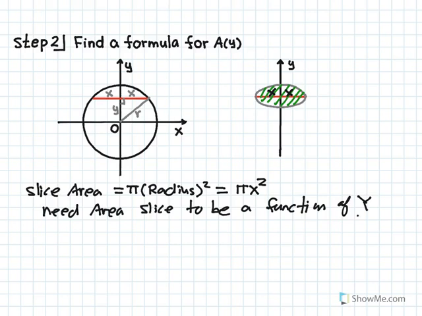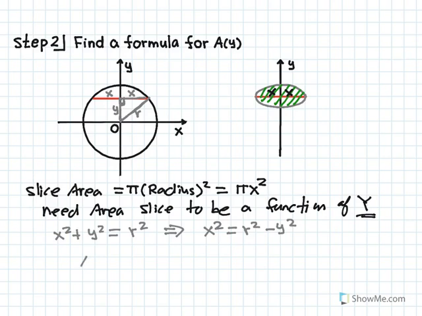So let's apply the equation of a circle with radius r centered at the origin. Alternatively, you can even use Pythagoras. You can see we get x squared plus y squared equals r squared because we have a right-angle triangle. Isolating for x squared, we get x squared is equal to r squared minus y squared.